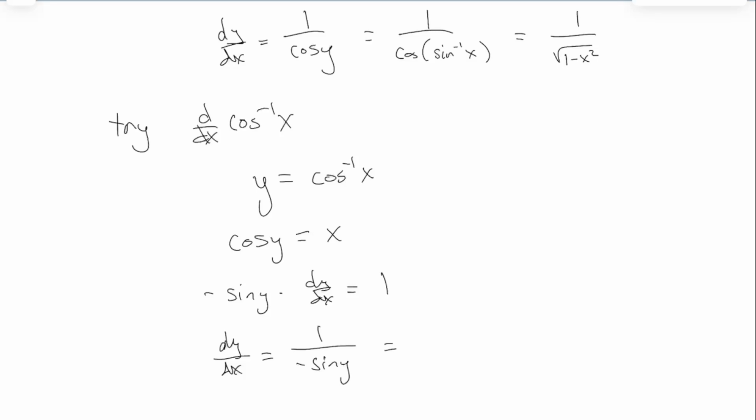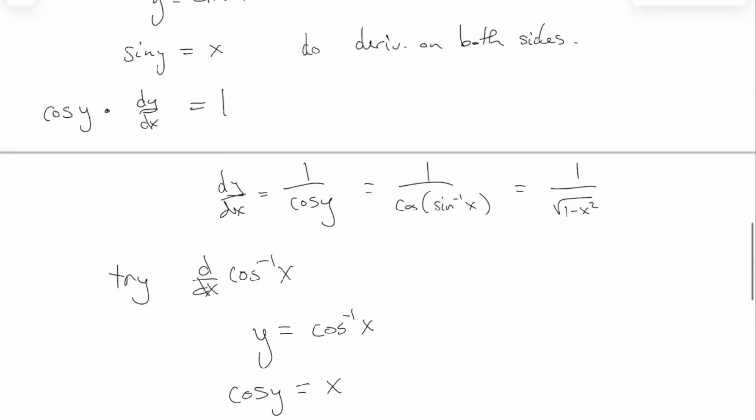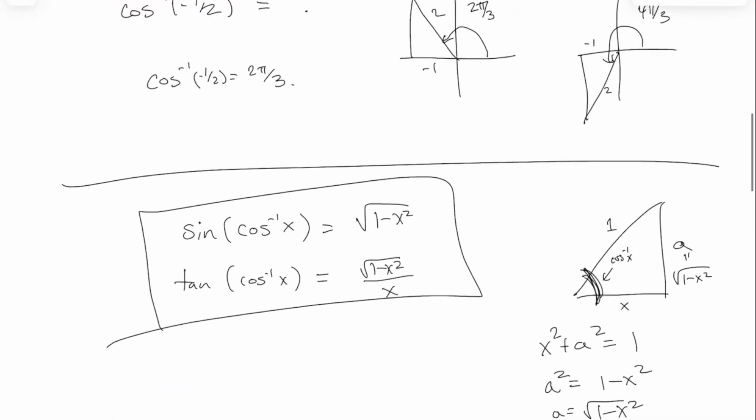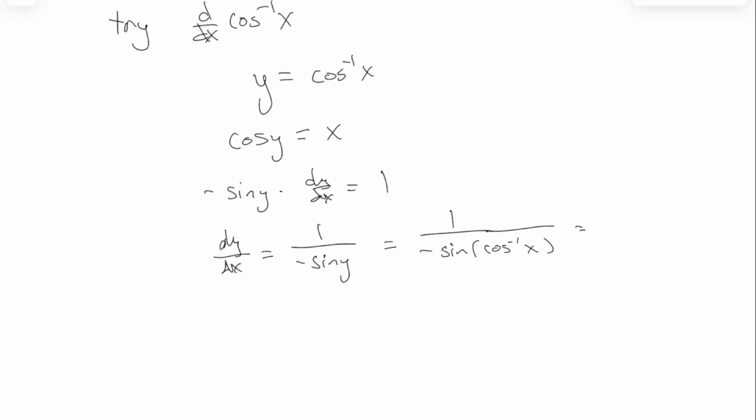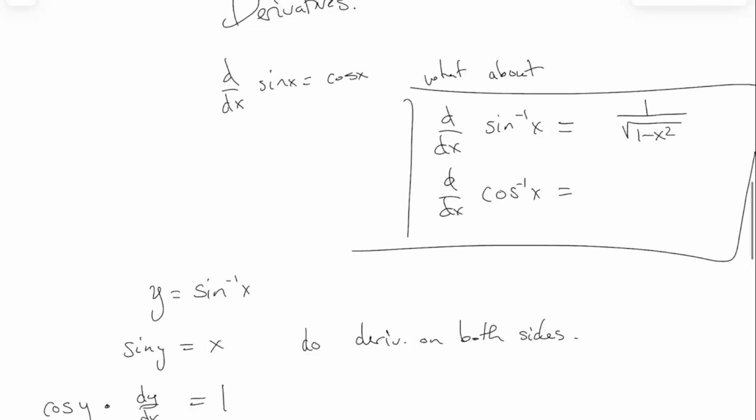And y is inverse cosine x. So this is 1 over negative sine of inverse cosine x. And then that can be simplified. Sine of inverse cosine is one of those that we just did a few moments ago. It is root 1 minus x squared. So my answer is 1 over minus root 1 minus x squared. All right, put that in the box.